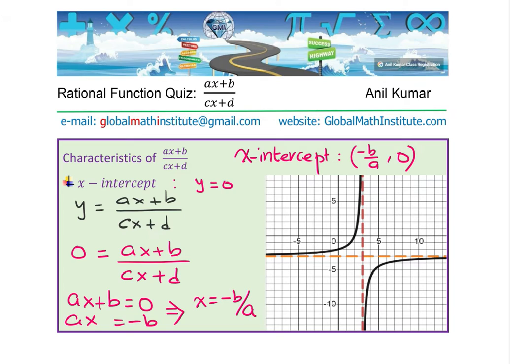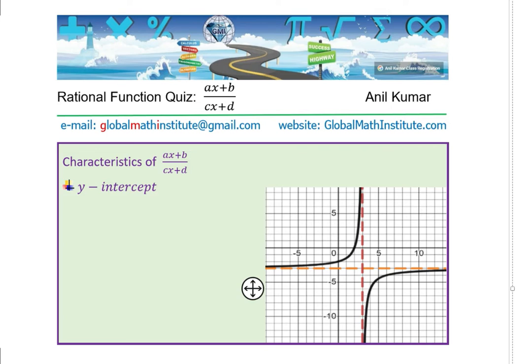Is that clear to you? These are simple steps to follow and get x-intercept for any function for that matter. Numerator equals to 0. Clear? So let's write a note here. For x-intercept, numerator equals to 0.